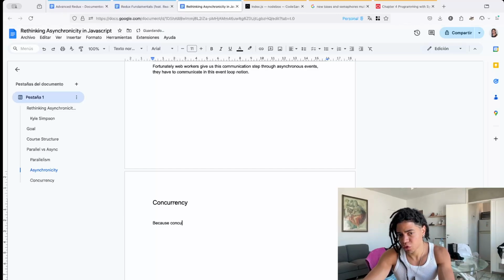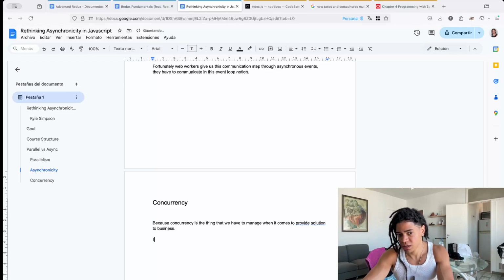Because concurrency is the thing that we have to manage when it comes to providing solutions to business. It's concurrency.